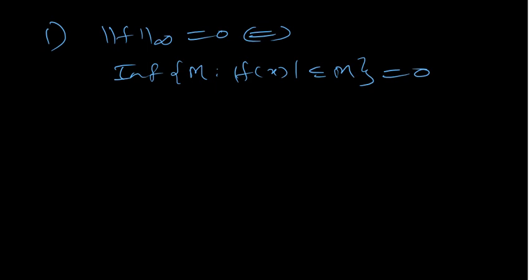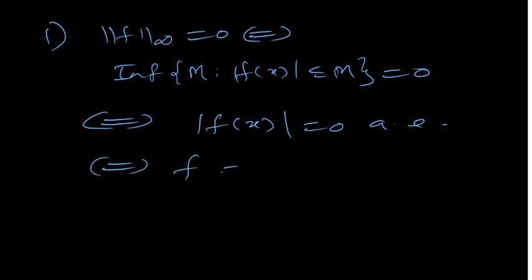So its essential bound is actually 0. The infimum of this set is 0, and since it is a non-negative set, every point is 0. So this is true if and only if mod of f of x equals 0 almost everywhere, if and only if f equals 0 almost everywhere. F equal to 0 almost everywhere means f is equal to 0. That's the first property, because we are living in classes, the collection of equivalence classes induced by the almost everywhere relation.